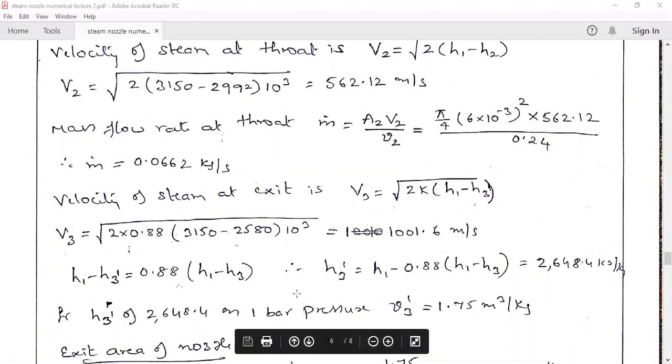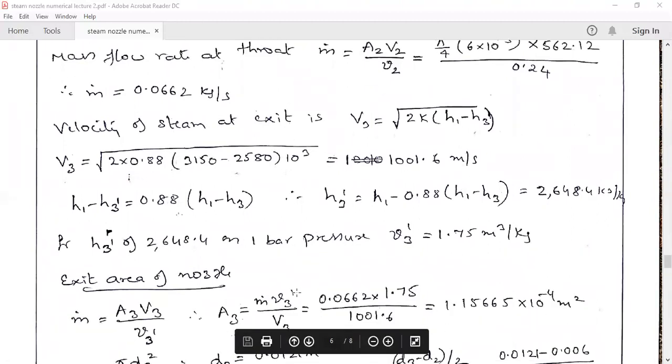Then to obtain V3 dash, we need to know the H3 dash value. We know that H1 minus H3 dash, the actual enthalpy drop, will be equal to 0.88 times the isentropic enthalpy drop.